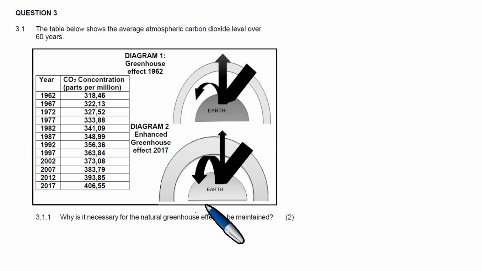So we learn about the greenhouse effect. The greenhouse effect is a very important effect. This is going to come in the exam, paper 2: the greenhouse effect, the carbon dioxide accumulation in the atmosphere, and so on.